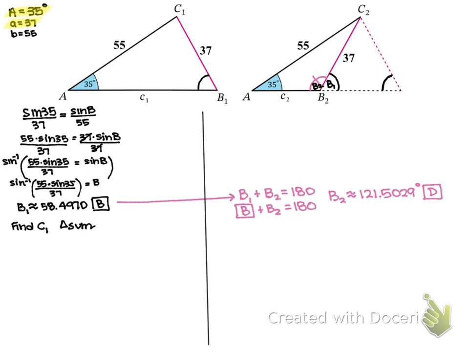So I know that this is going to be A, which was 35 degrees, which was given to me, plus B1, which I stored in B, plus big C1 I'm trying to find, which is 180 degrees. So I'm going to go ahead and solve for this. This is going to be 180 minus 35 minus B that I stored.